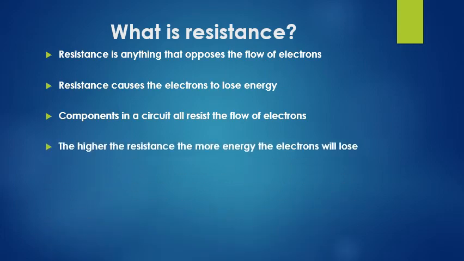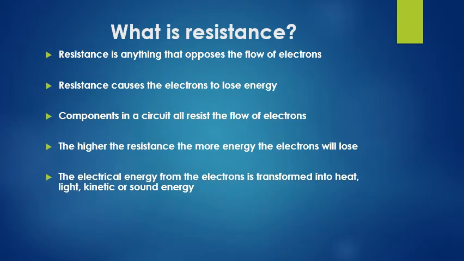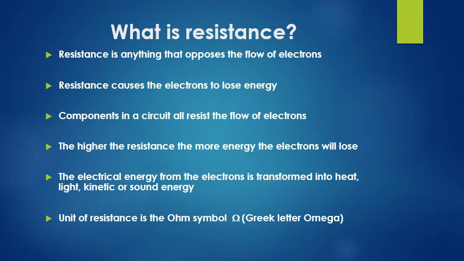The higher the resistance, the more energy the electrons will lose. This electrical energy, though, is transformed into heat, light, kinetic or sound energy in the component, and this can be of use to us. The unit of resistance is the ohm, symbol omega, which is a Greek letter.